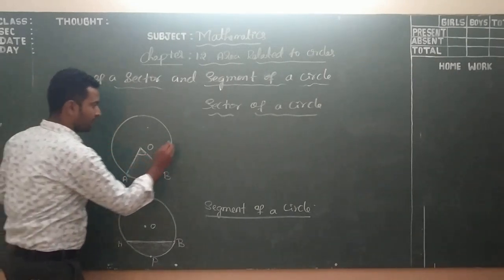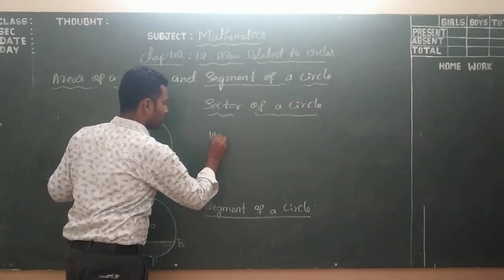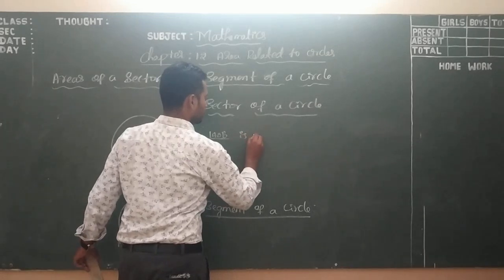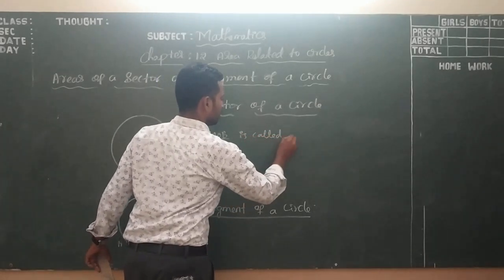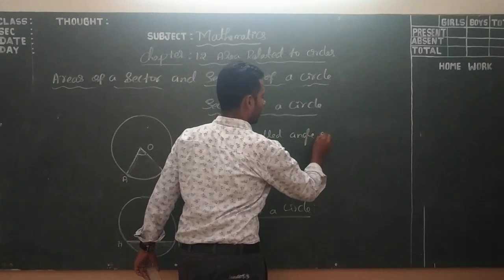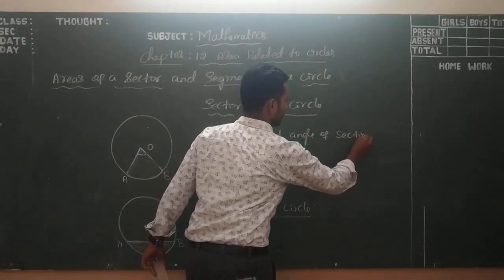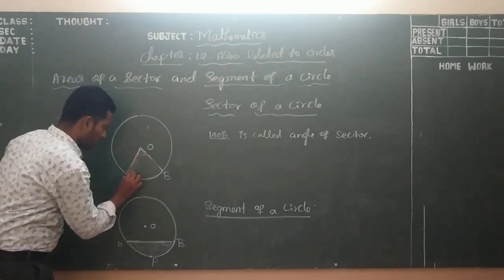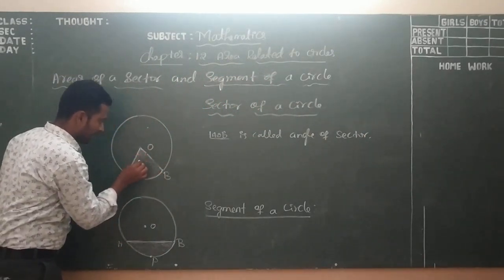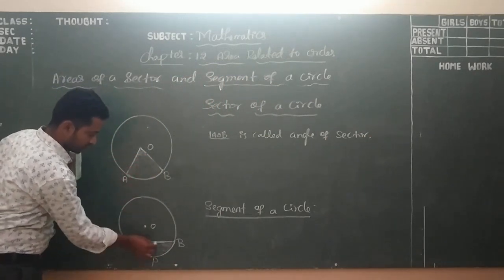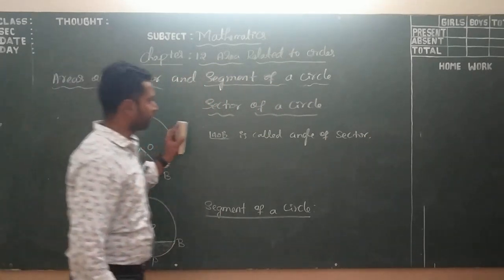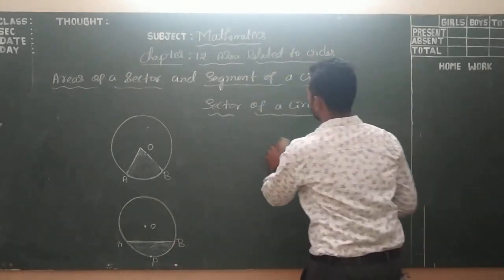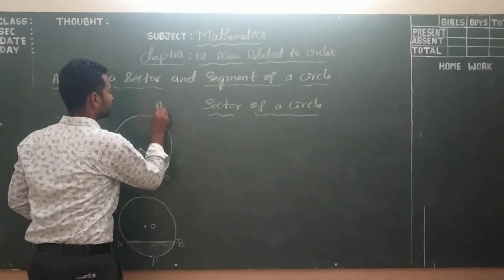Now, how to calculate the areas of these regions? Now we find the area of the sector of a circle.